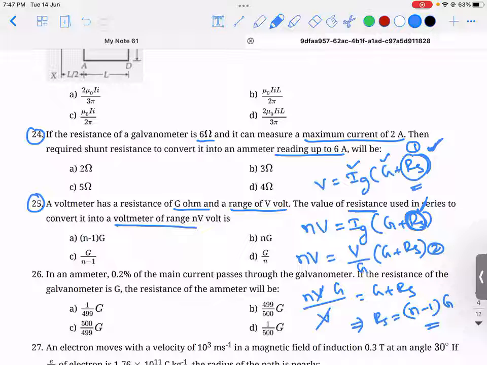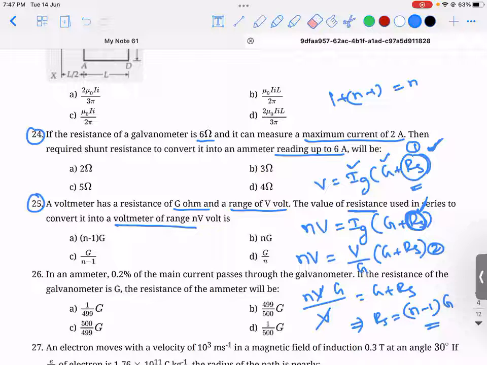So I took 1 plus (N minus 1) will be equal to N. Previously it was just 1V, now it is NV.